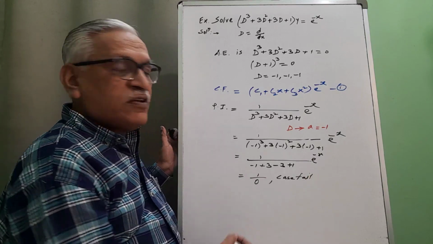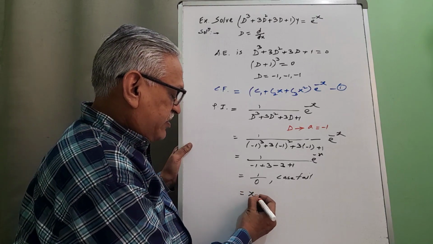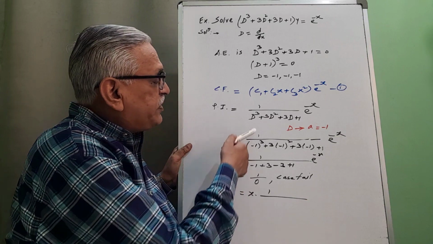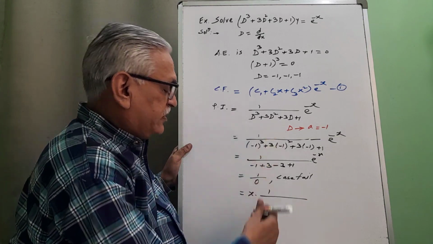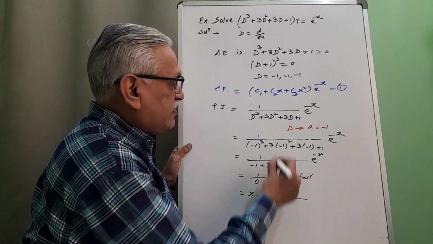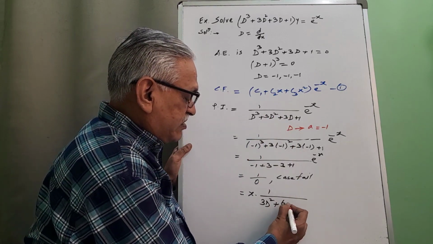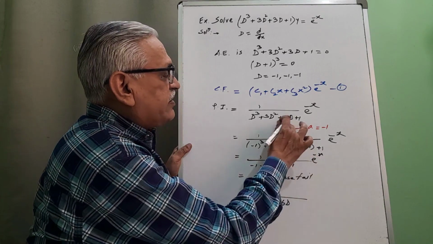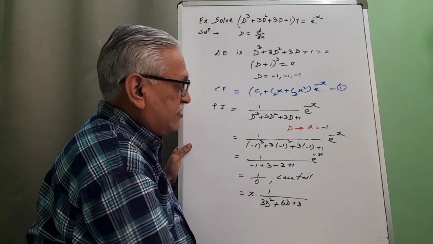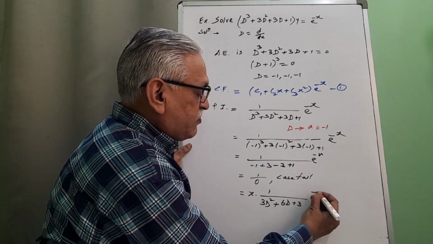As the case fails, we go to the next step: x into 1/ the derivative of this with respect to D. Its derivative is 3D² + 6D + 3, and the derivative of the constant term is 0, which we operate on e^(-x).